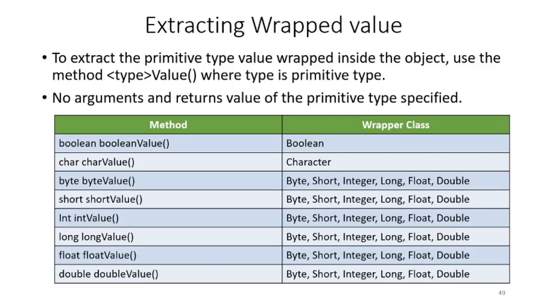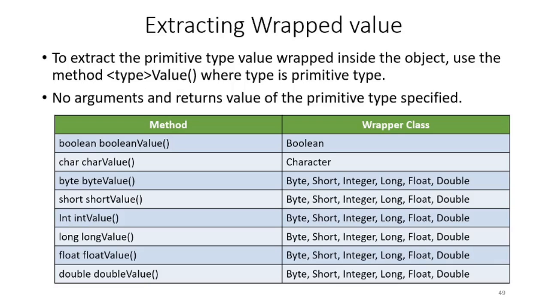For that, we can make use of the method typeValue. In angular brackets you mention the type of the value, and the function name is value, and it is going to return the primitive type value.